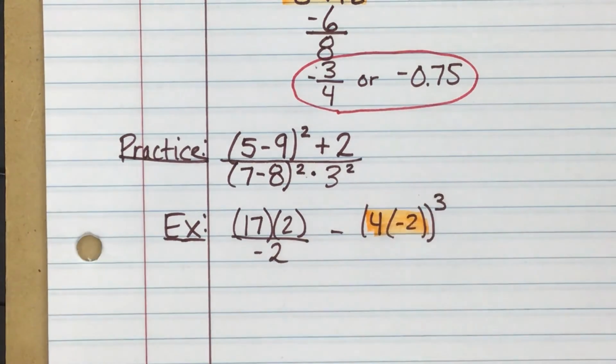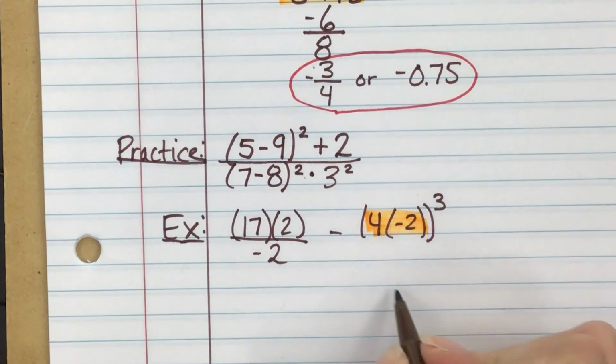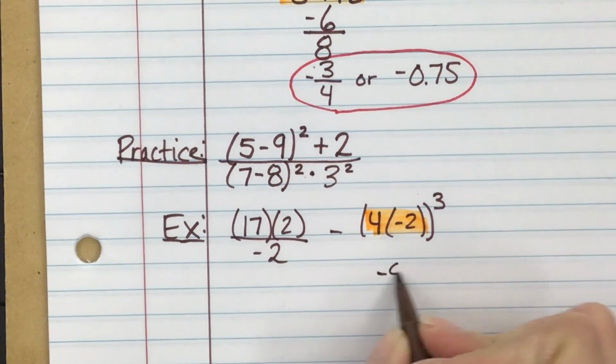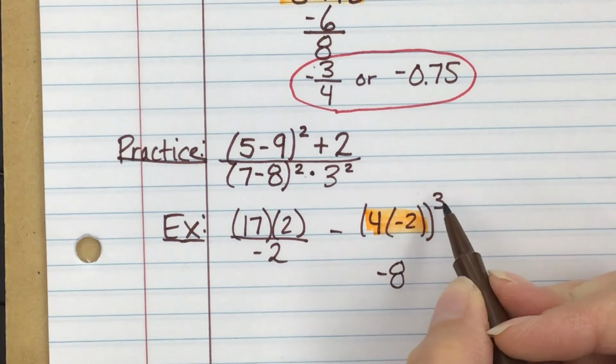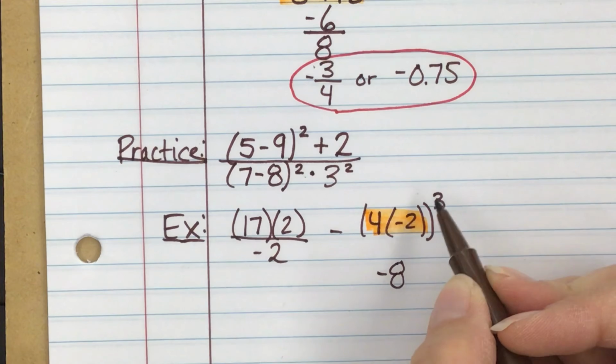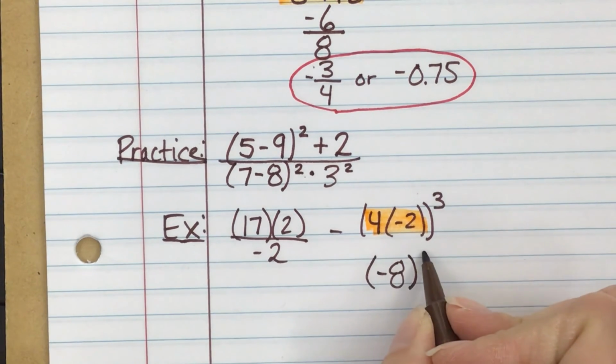So I'm gonna do this portion first because it's inside the parentheses. Because of that, I wanna get this simplified. So this is gonna be -8. Well, notice that it's the whole thing that's being brought to the third power. So we need to leave the parentheses there.